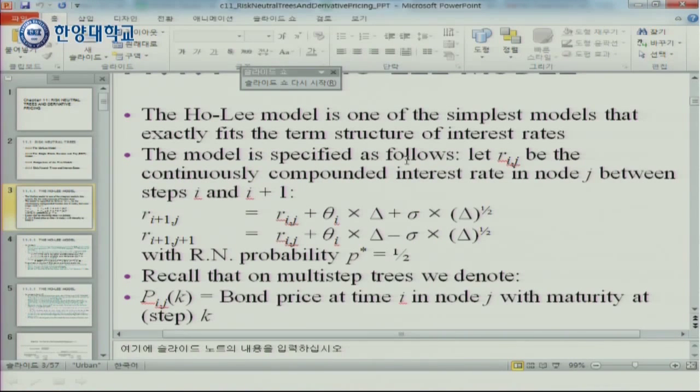The model is specified as follows. Let R_ij be the continuously compounded interest rate in node j, step i.